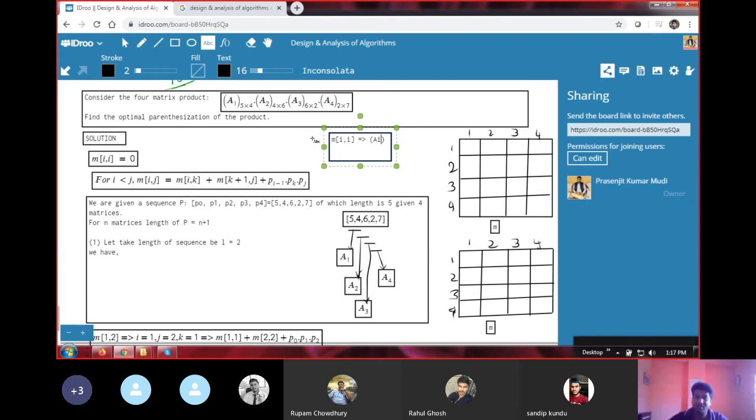That means it contains actually a single matrix. So i to i means it contains a single matrix, and for a single matrix you do not have to compute any multiplication. So the number of scalar multiplications equals 0. No need of any multiplication over there. And what is Mii? It is the cost of the product Ai. So what is the cost of multiplication of a single matrix? 0. No scalar multiplications. That's why it is 0.